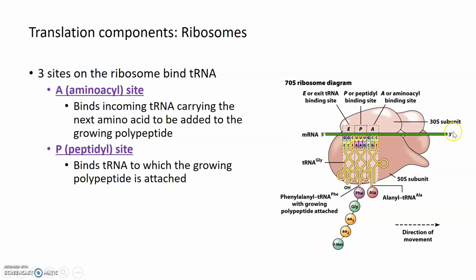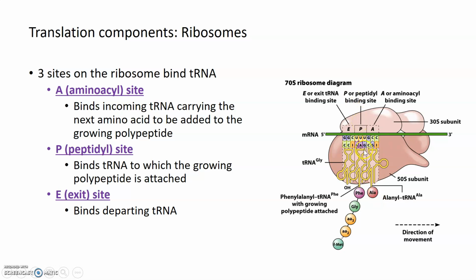There's the P site, or the peptidyl site, where the peptide bond is formed, and that binds to the tRNA to which the growing polypeptide is attached. And then there's the E site, or the exit site. The exit site binds to a departing tRNA. So the A site binds to an incoming tRNA carrying the next amino acid.